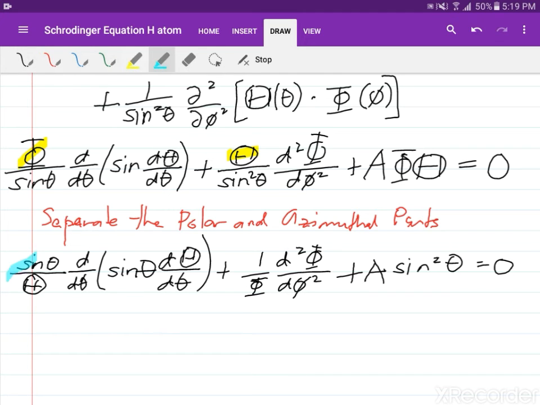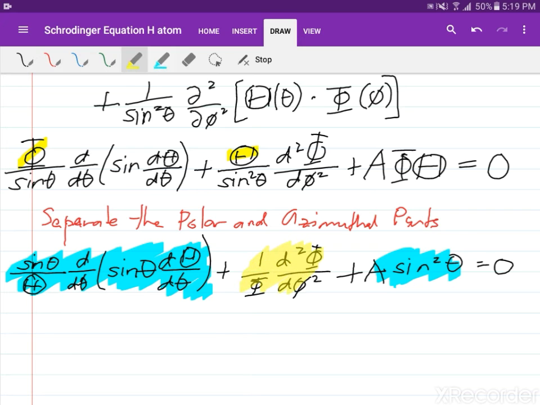Notice that this term is purely in the polar variable theta, also this term. And this term is purely in the azimuth variable phi.